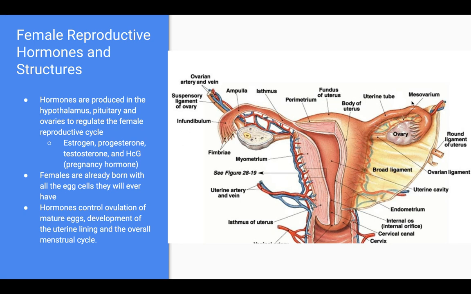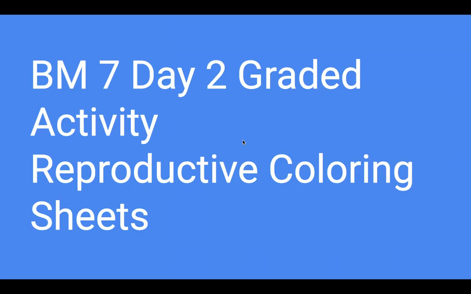So it's a very complicated process of hormones throughout the entire menstrual cycle that controls the reproductive processes, and there's lots and lots to learn about that.